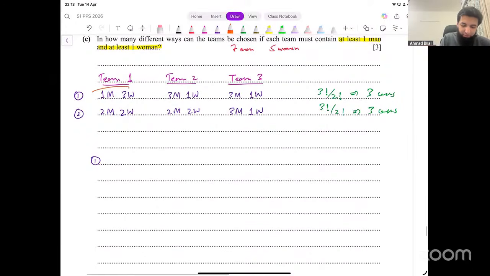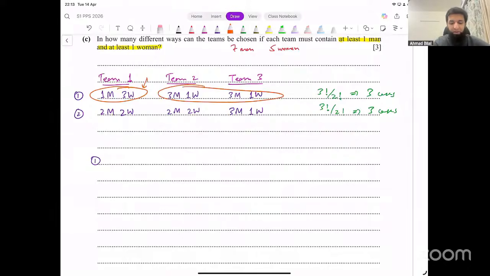In the first case, you have one man, three women, which is a unique case, but the other two are the same: three men, one woman, three men, one woman. So if you were to arrange them, two of those groupings are identical, so we divide by 2 factorial for that reason.